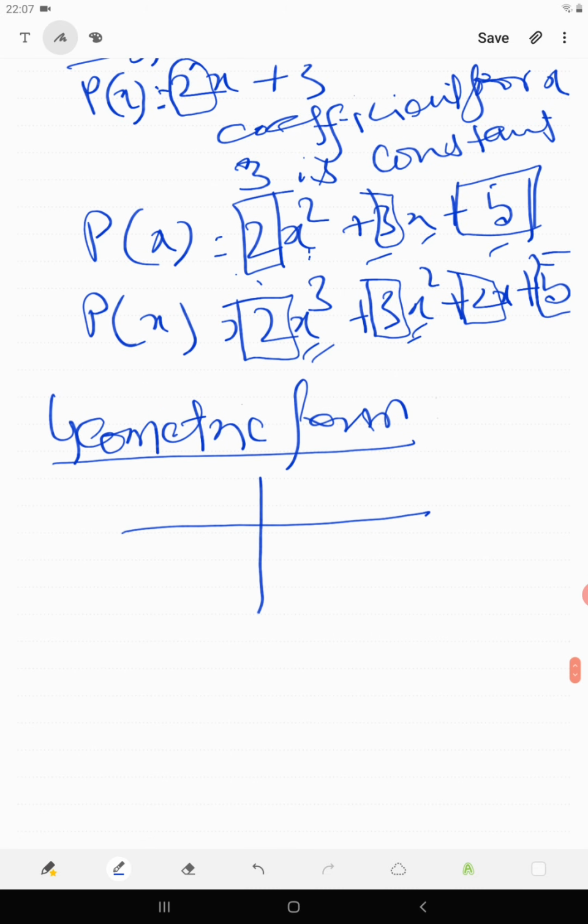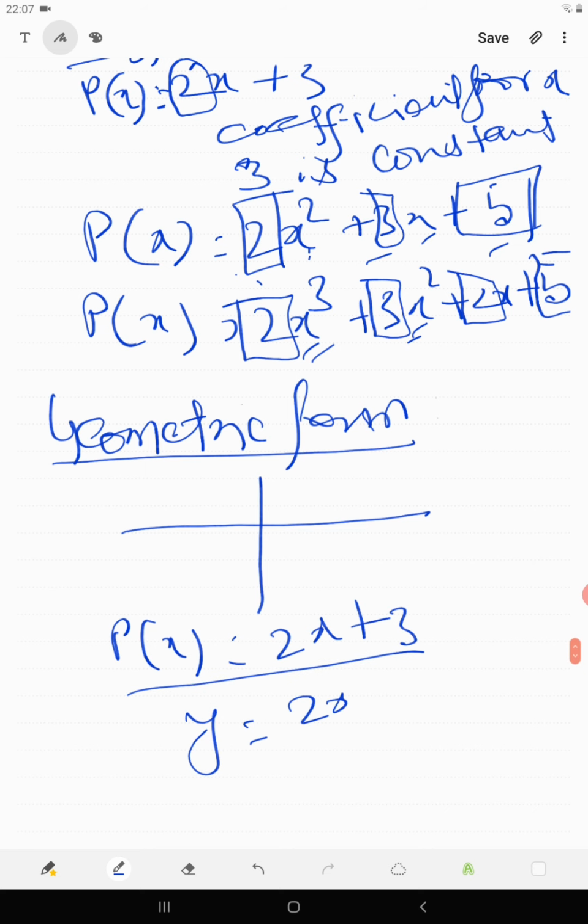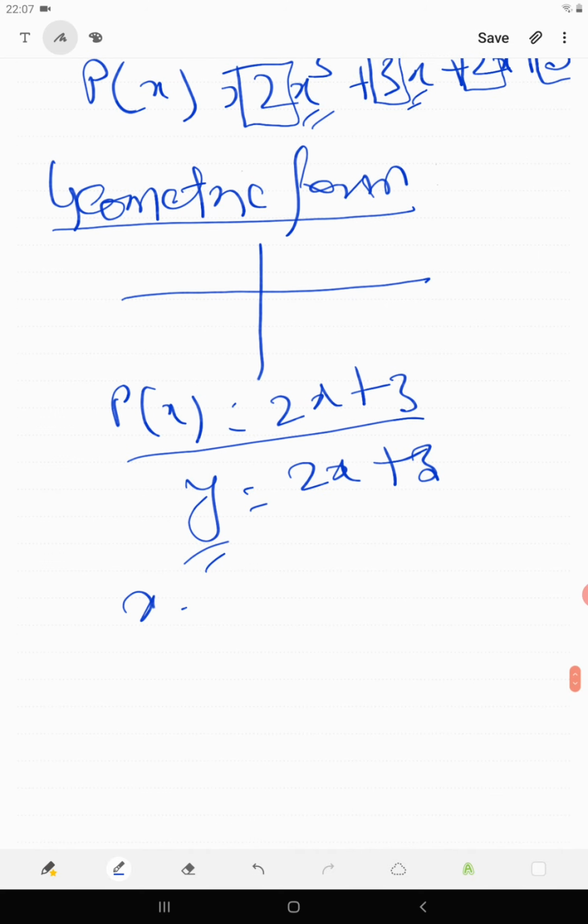So suppose the first problem we wrote p(x) equals 2x plus 3. In our 2D coordinate system, the same thing can be written as y equals 2x plus 3. Why? Because y is a function of 2x plus 3. Or it can be like this also, x equals 2y minus 3.